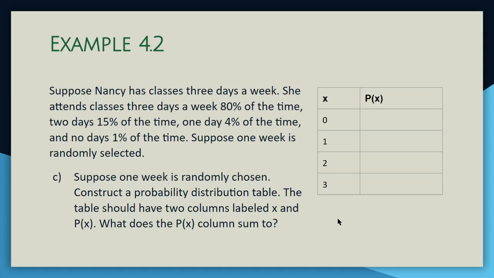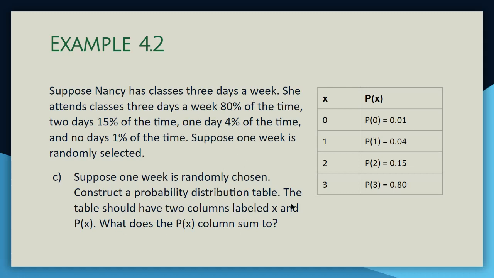And the P of X values we can pull from the problem. So starting at the end of that second sentence, she attends no days 1% of the time, and 1% is 0.01. She attends 1 day 4% of the time. She attends 2 days 15% of the time, and 3 days 80% of the time.